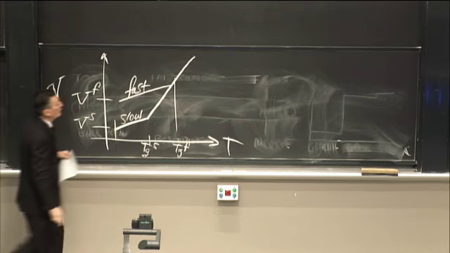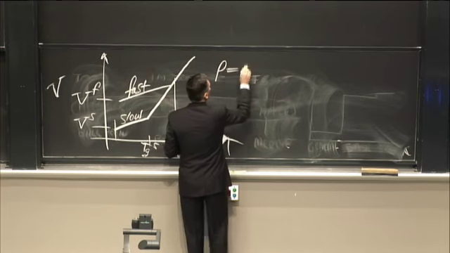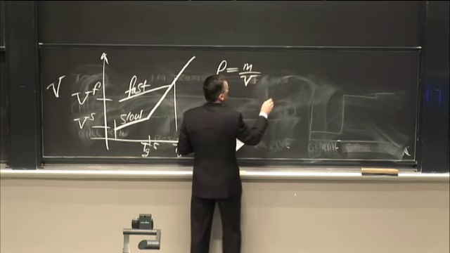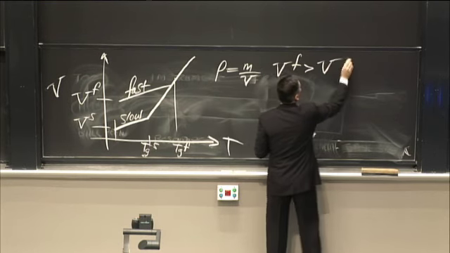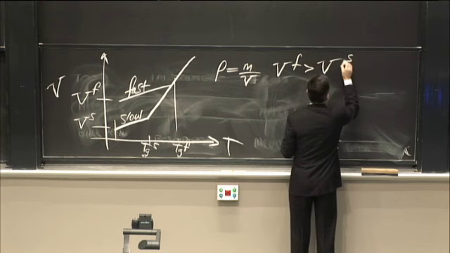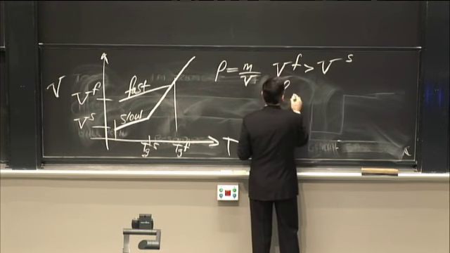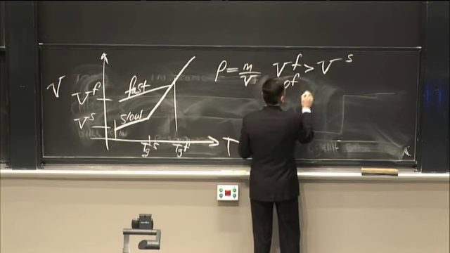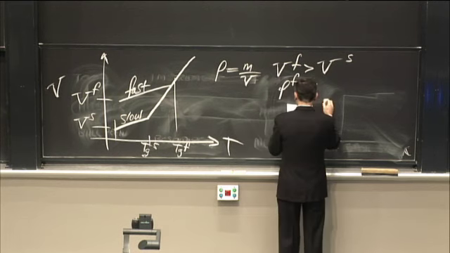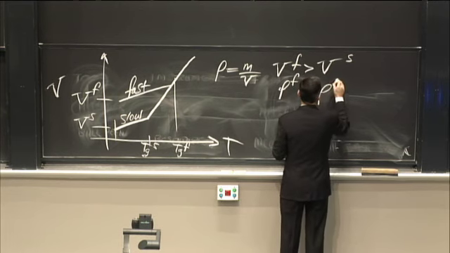Since I know that density is equal to mass over volume, I observe V fast is greater than V slow, so therefore the density of the fast cool must be less than the density of the slow cool.